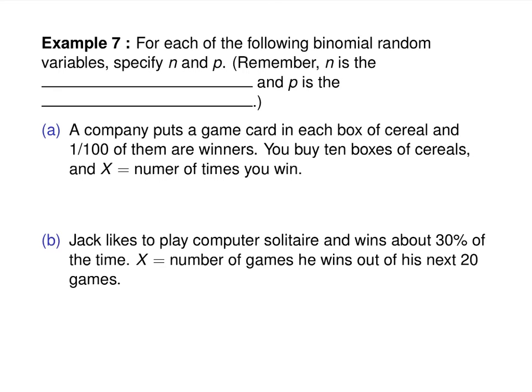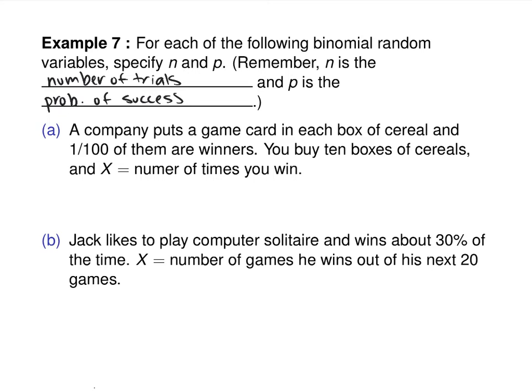Okay, for each of the following binomial random variables, specify n and p. Remember that n is the number of trials, and p is the probability of success. So a company puts a game card in each box of cereal, and 1 out of 100 of them are winners. You buy 10 boxes of cereal, and the random variable x is the number of times you win.